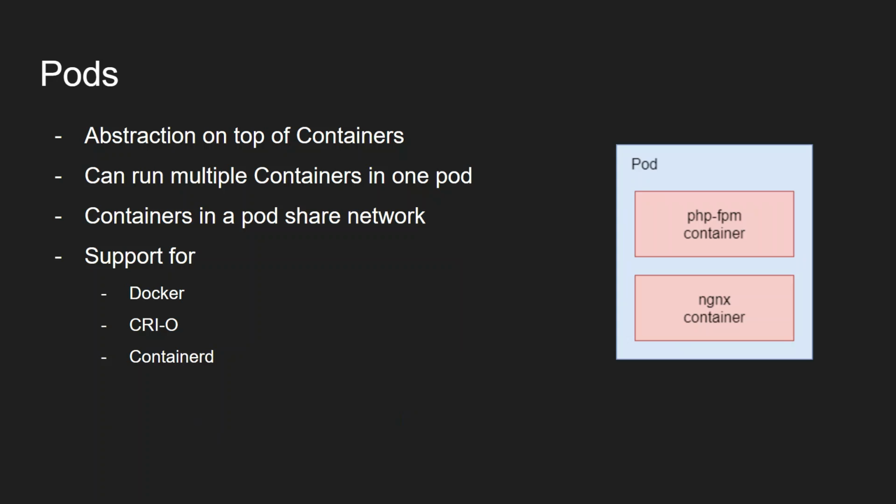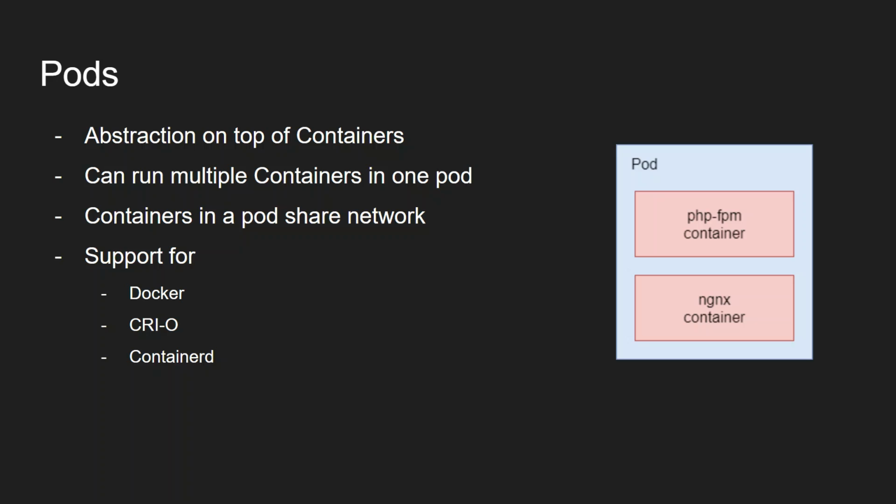The second reason why there is this abstraction is that we can run multiple containers within one pod. So it's not suggested to do so, but there are some exceptions where it's good practice to do it. For example, if we have two containers which have the same life cycle, for example, Nginx and PHP-FPM, they have to live together.